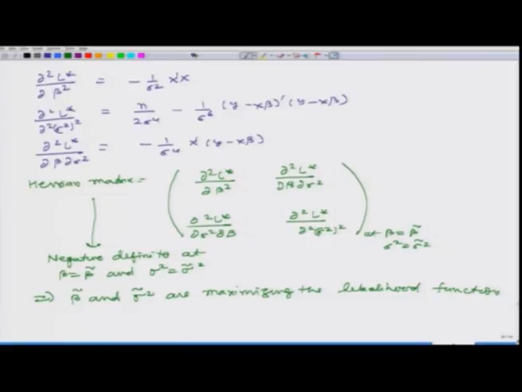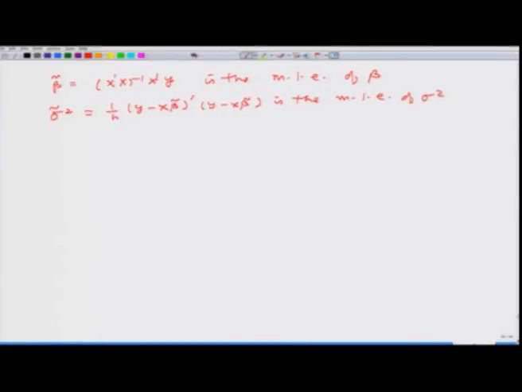Right. So, now I can say that beta tilde, which is (x transpose x) inverse x transpose y, is the maximum likelihood estimator of beta, and sigma square tilde, which is 1 over n (y minus x beta tilde) transpose (y minus x beta tilde), is the MLE, the maximum likelihood estimator, of sigma square.